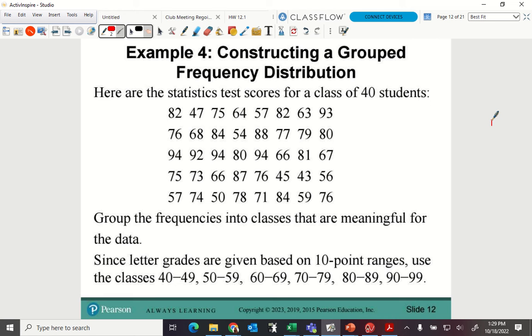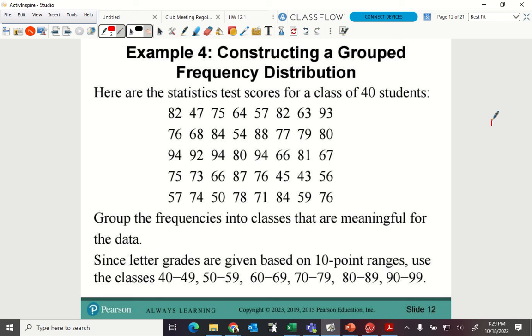Constructing a group frequency distribution. We already did frequency distribution yesterday in class, and now we're going to do another one with a bigger group. This one has 40 students. Group the frequency in the classes that are meaningful for the data. If I'm just looking at all this raw data together, it's a hodgepodge. It doesn't mean anything, does it?